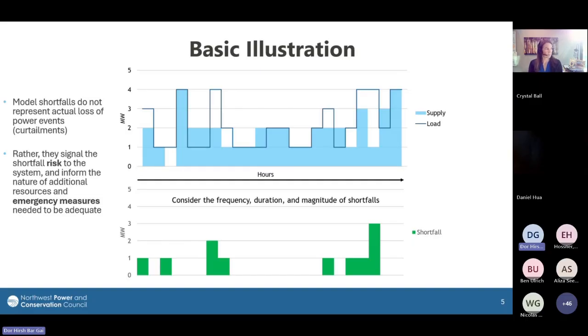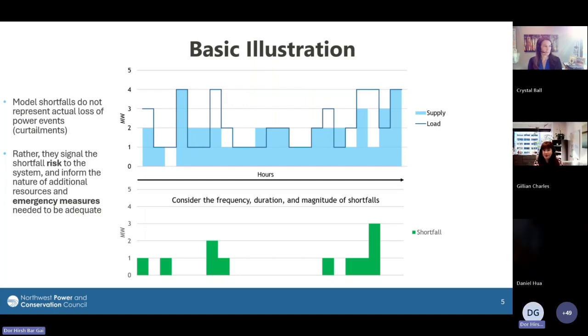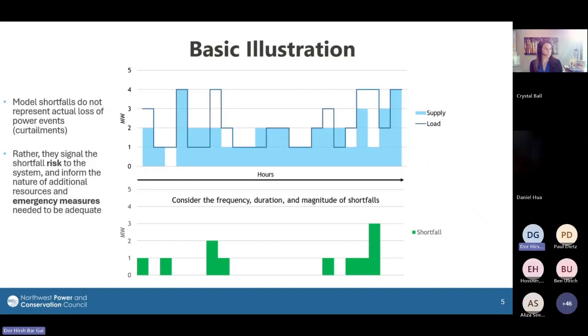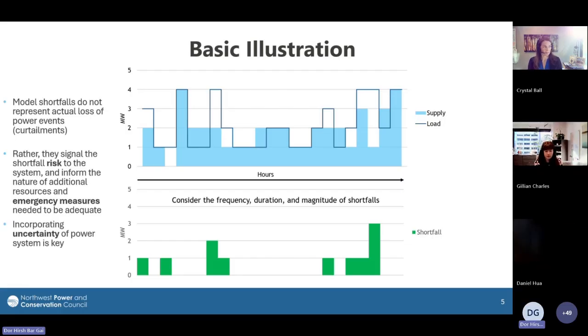And so resource adequacy for planners, as you'll see with the presentation, is to suggest what future resource decisions you need to make, as well as understand what are the emergency measures that not building resources could imply.